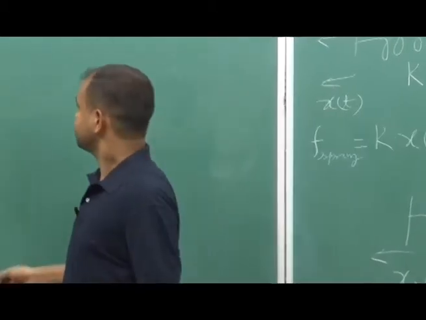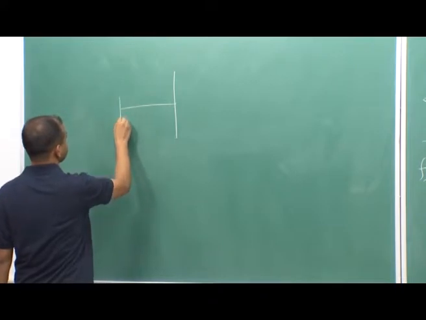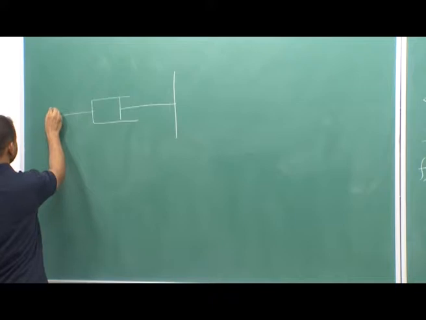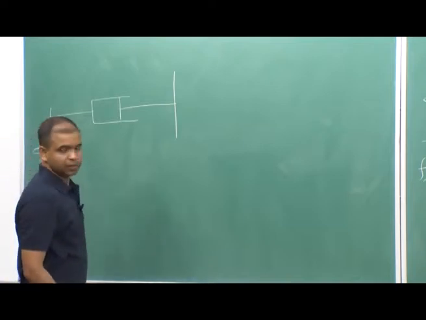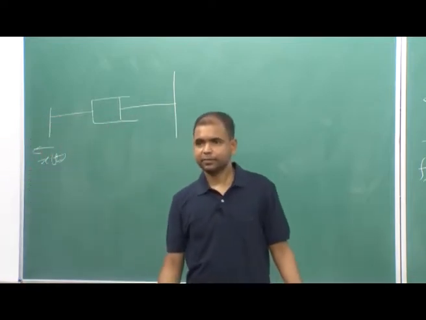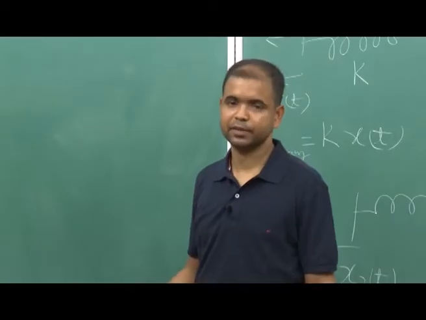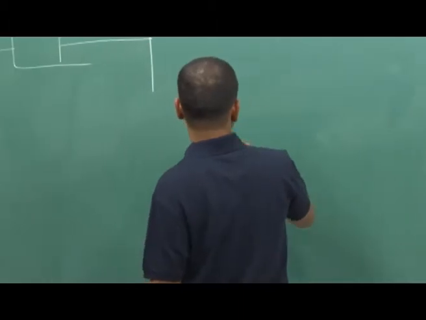And the third element is the damper. Damper is basically non-conservative in nature. It dissipates the energy from the system to the environment, and it works basically on friction. In nature there are three types of friction.